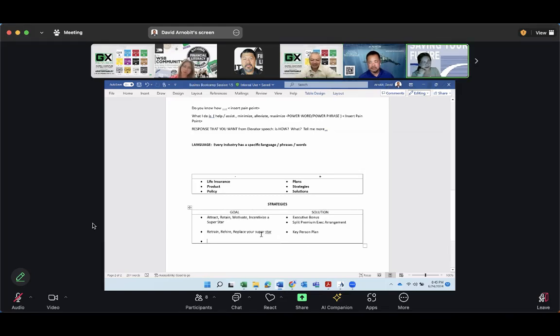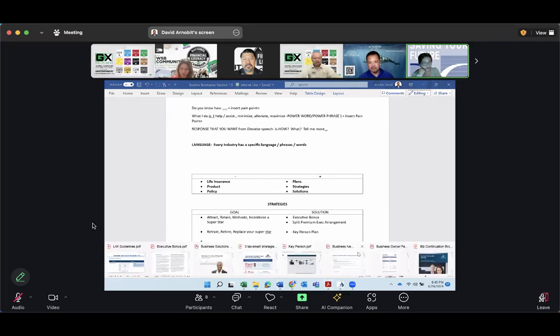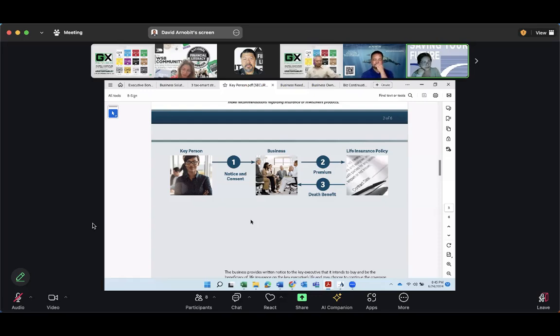So are you saying that a business can open up an executive bonus plan and a key person plan on the same person? Yes. Of course. Sure can. Which probably will answer my next question.